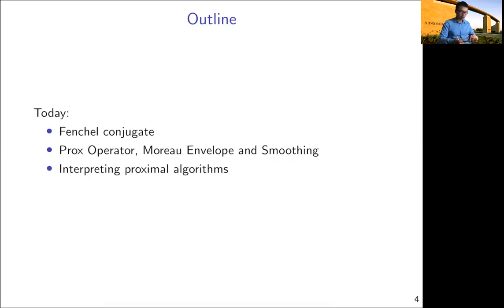So what we'll be talking about: we'll define the conjugate, sometimes also known as the convex conjugate. And then we'll take another look at the proximal operator and related objects such as the Moreau envelope and the smoothing approach in interpreting what the proximal gradient descent is doing.